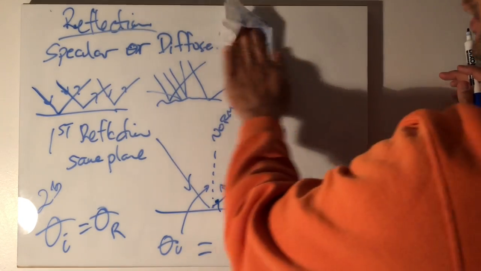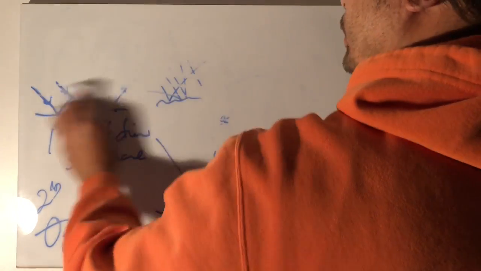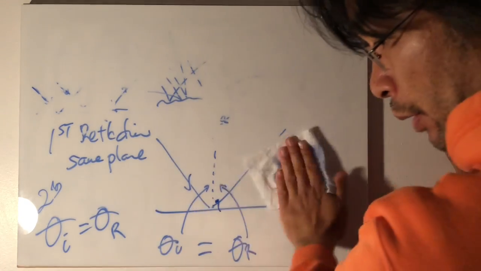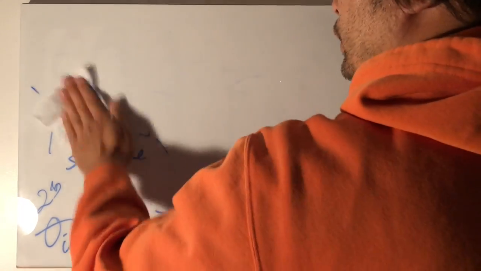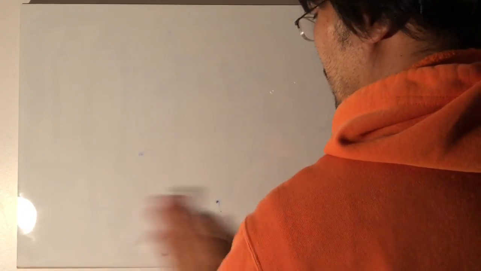Okay? So now we look at a curved mirror. If we have a circular or parabolic or spherical mirror, we get a slightly different type of reflection.